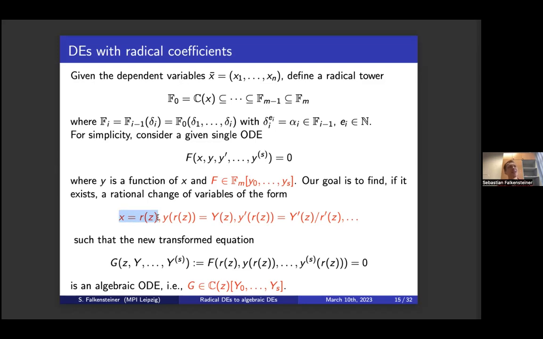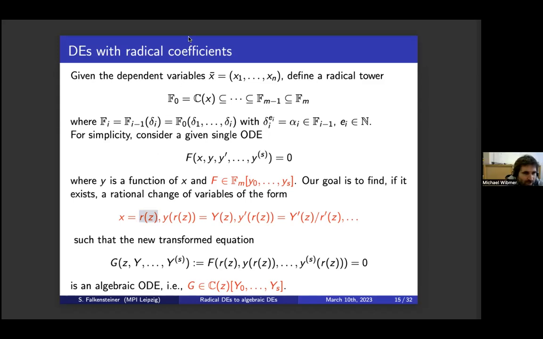If you slightly adapt the setting and allow radical transformations, or even involving exponentials or something like this, then we cannot give an answer with this algorithm. Understood. Thank you.